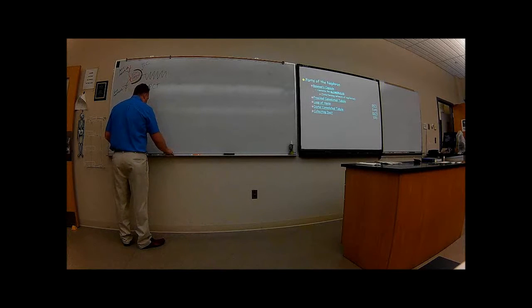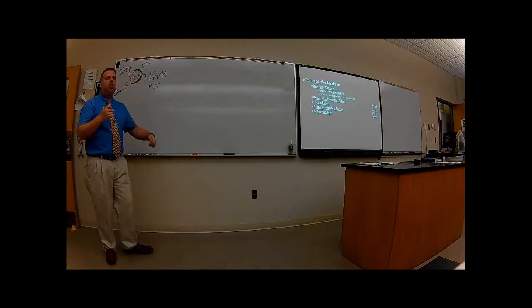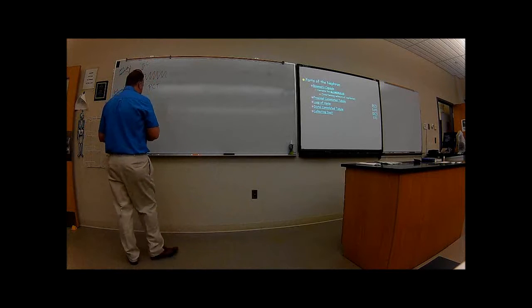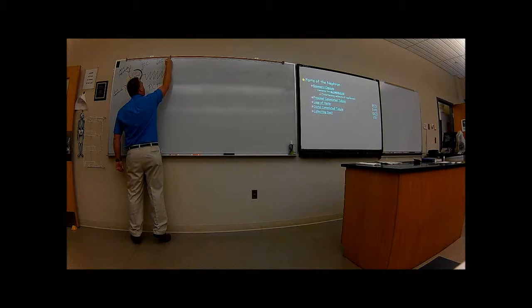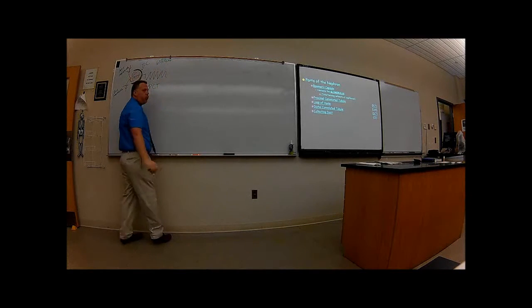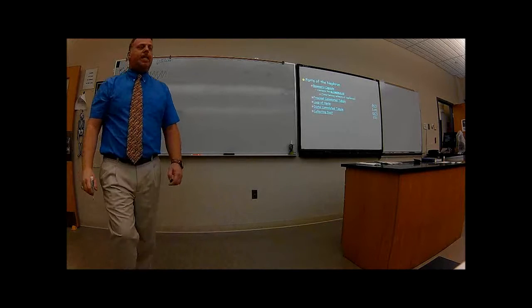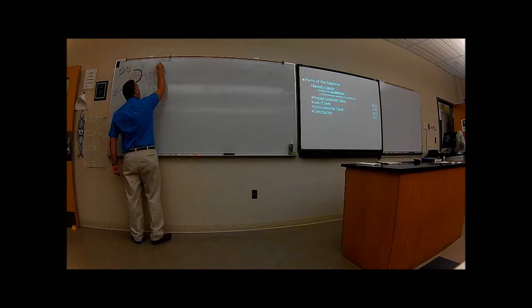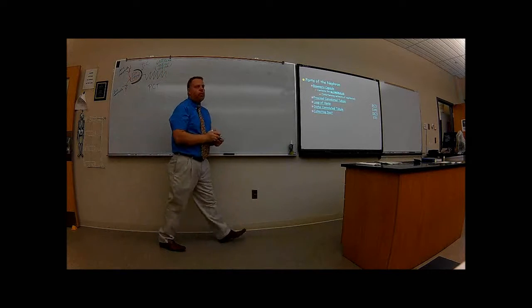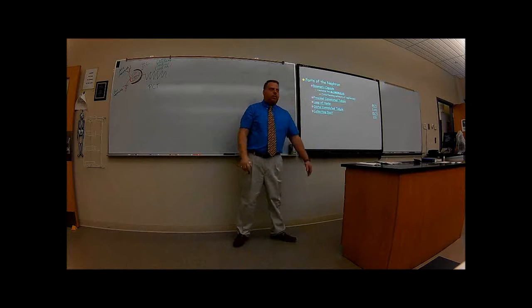Okay, the proximal convoluted tubule. What does it do? This is where 65% reabsorption occurs. Most reabsorption occurs in the PCT. That includes 100% glucose reabsorption and 100% amino acid reabsorption in a healthy person, not somebody who has diabetes.